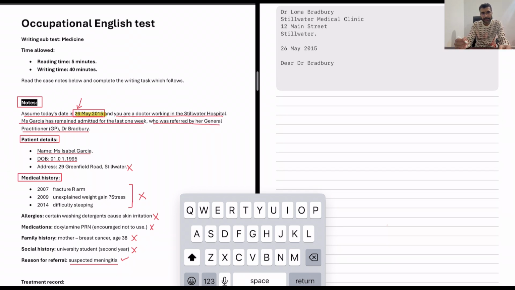After greetings, the next thing to write is the RE line. RE means regarding, in reference to. We're writing this letter regarding Miss Garcia. So we'll write RE Miss Isabel Garcia, and her date of birth. Like this, name and date of birth.